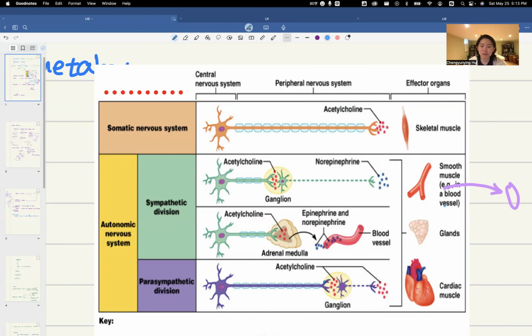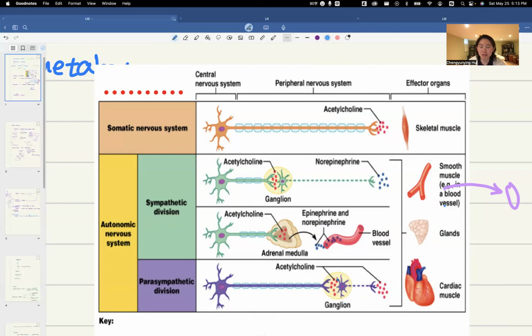We have the first order neuron releasing acetylcholine. So this one is cholinergic neuron. And between the neuron, at the ganglion, what receptor is on the second order neuron?